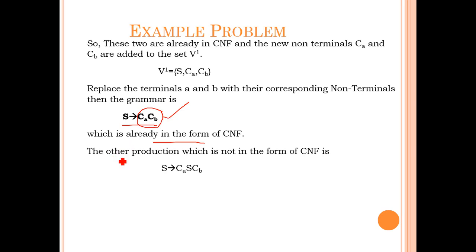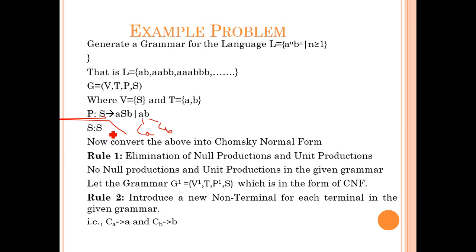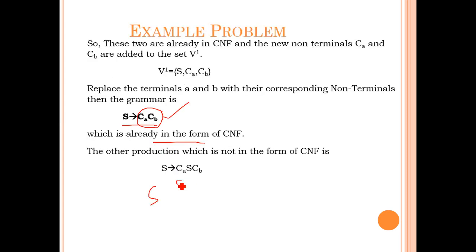Next, the other production which is not in Chomsky normal form is S tends to ASB. So this A will be replaced with the non-terminal CA and B will be replaced with the non-terminal CB.